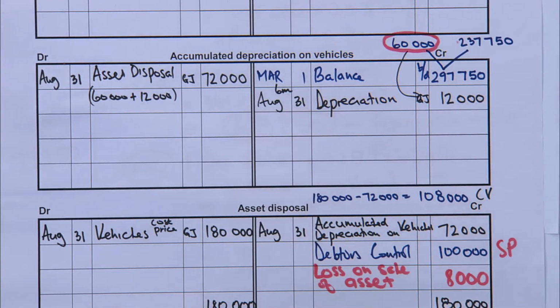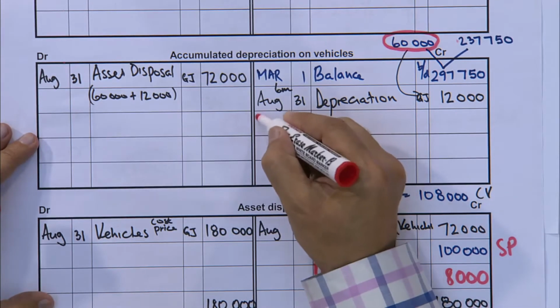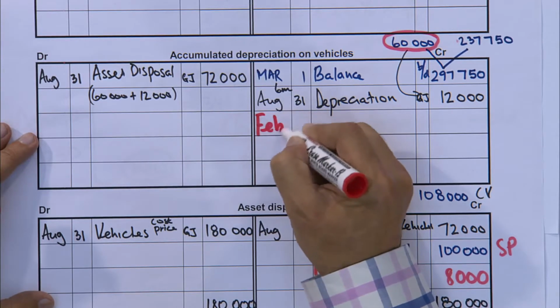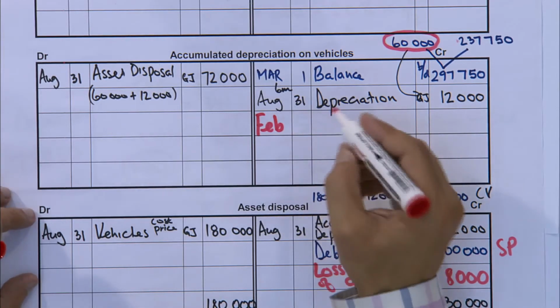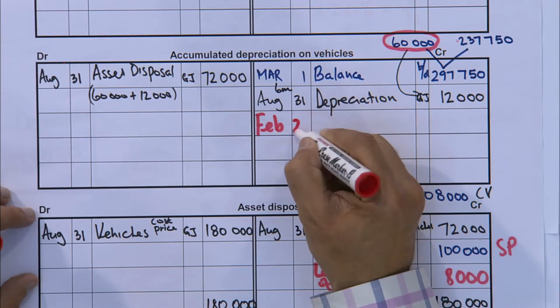Let me just get a different color to emphasize this quickly. This will be the depreciation that we have to write off at the end of the year. That is why it will be February the 28th or the 29th, depending if it's a leap year.